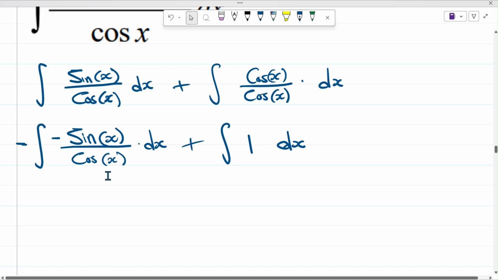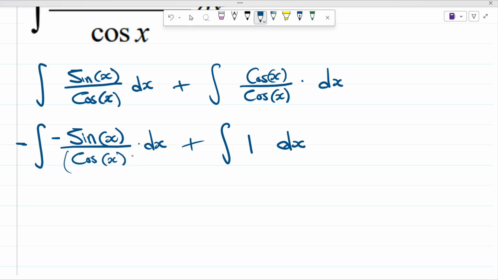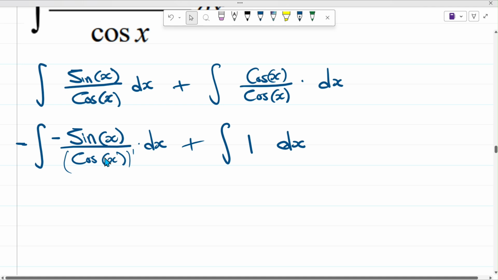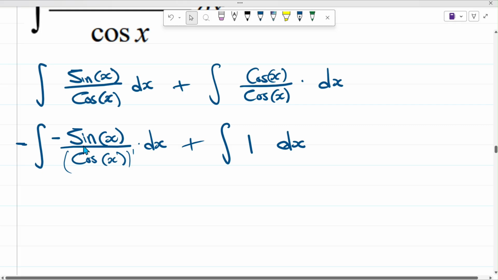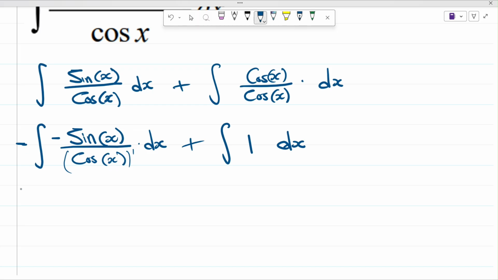So if f of x is on our denominator, then our n for this case is going to be equivalent to a 1. If we have our 1 as our n, and this is f of x, then we can make use of the general log rule, because this is going to be the derivative of this. So we conclude that the thing that was differentiated for us to get this is natural log.